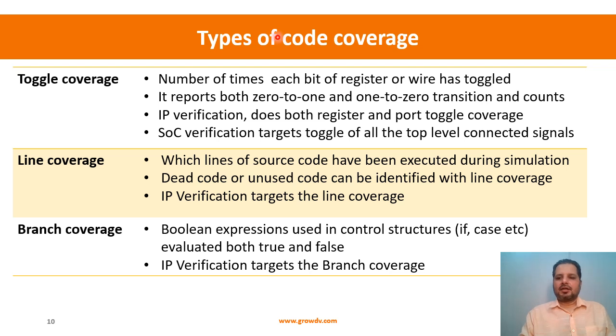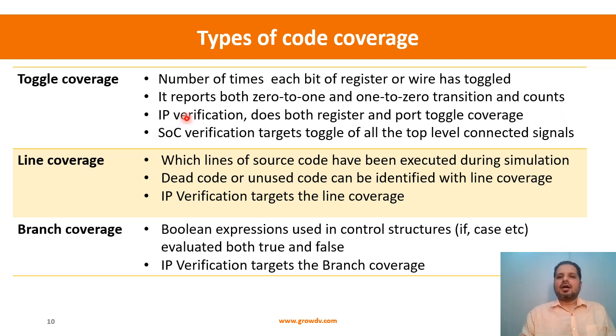Okay, there are different types of code coverage that are present. So let's look at them. First we have the toggle coverage. Toggle coverage tells us the number of times each bit of a register or wire has toggled. Okay, and it reports both 0 to 1 transition as well as 1 to 0 transition, and the number of times it has taken place.